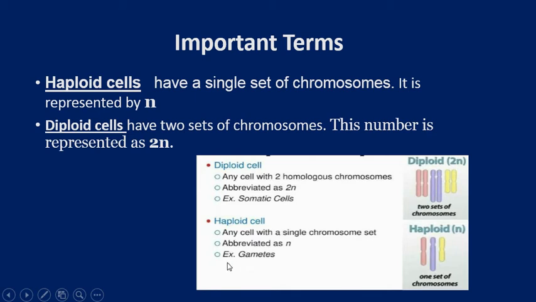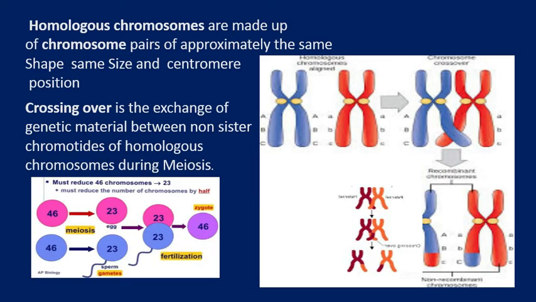And if we see haploid cells, these are gametes: male gamete, female gamete. So haploid cells are gametes. Now, homologous chromosomes.